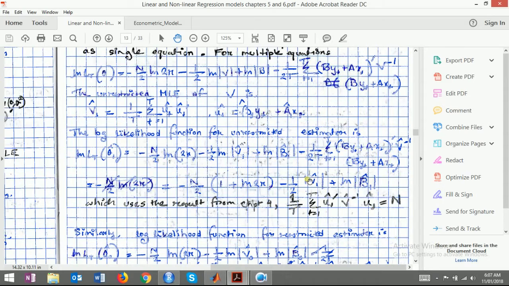Alright, using the result from chapter 4 in case of the unrestricted estimator, when the decomposition element equals 1, in that case the decomposition element becomes n.